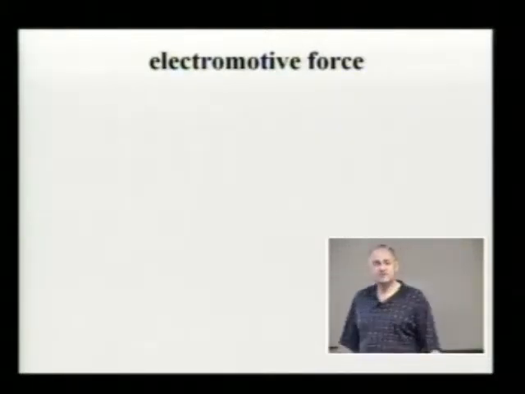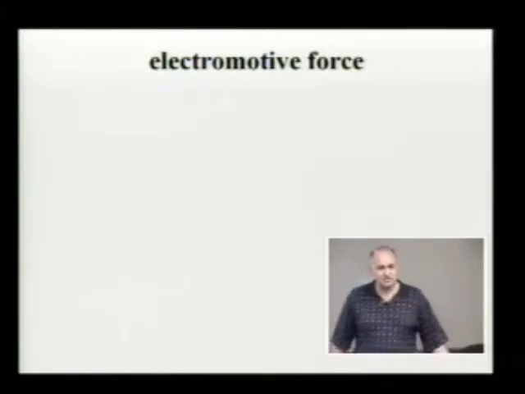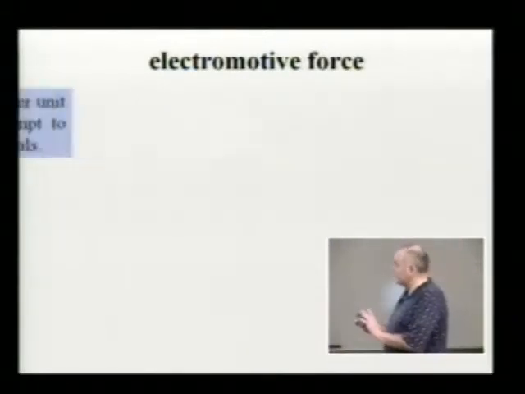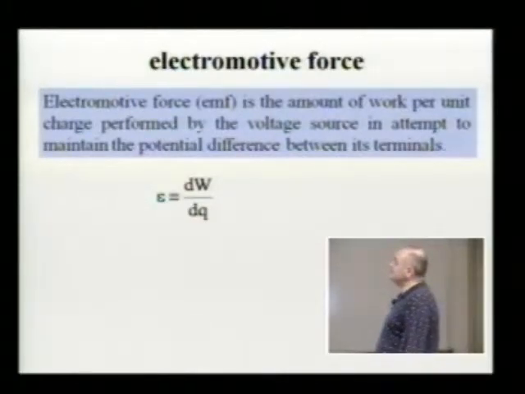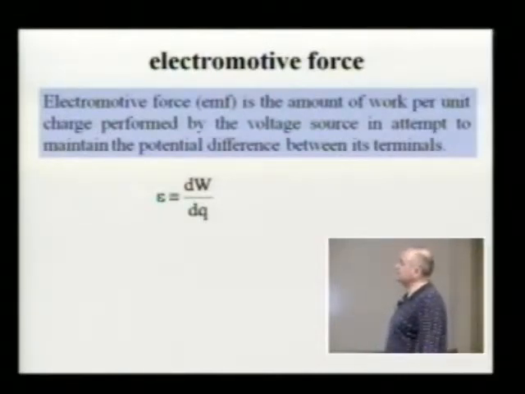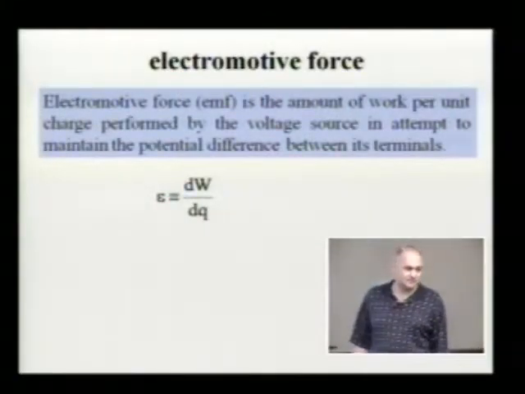So electromotive force is a quantity which tells us how this particular device is going to work. By definition, electromotive force is the amount of work per unit charge performed by the source in an attempt to maintain the potential difference between its terminals.